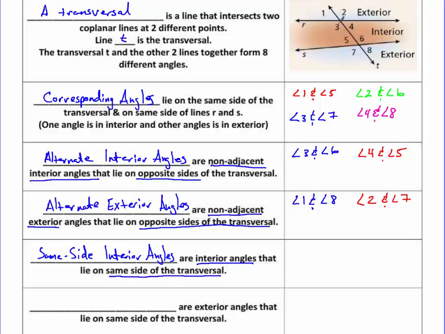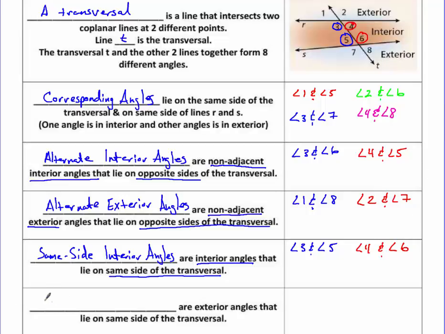So I go up to my interior angles, 3, 4, 5, and 6, and I'm gonna start with 3. Well, interior angles, so that's 3, 4, 5, or 6, on the same side of the transversal. Remember, T is the transversal. So 3 and 5 are on the same side. So it's angle 3 and angle 5. And then vice versa, like we've been doing, angle 4 and angle 6 are also same side interior angles.